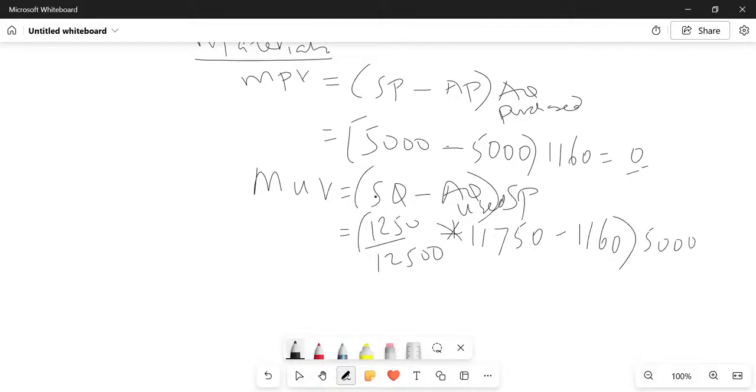So the material usage variance gives me what figure? Open brackets, 1250 over 12,500 times 11,750 minus 1160, close brackets, times 5,000. What figure are we able to get, ladies and gentlemen? 75,000. Adverse or favorable? Favorable.